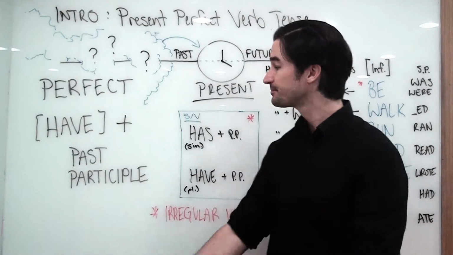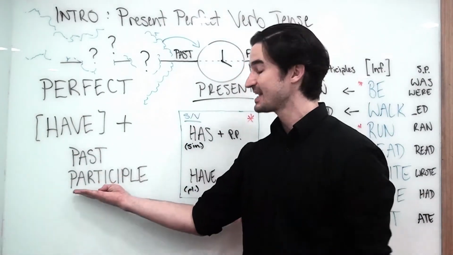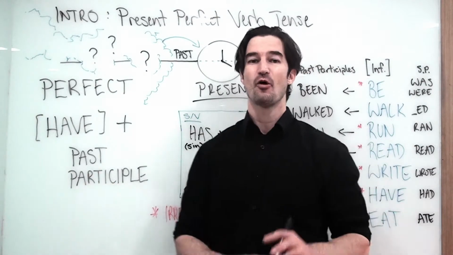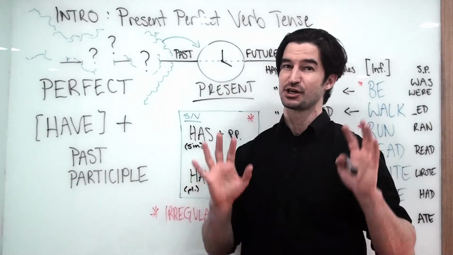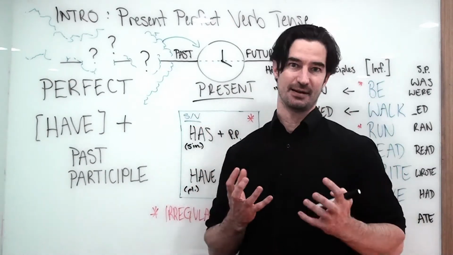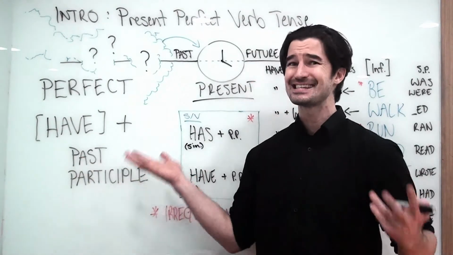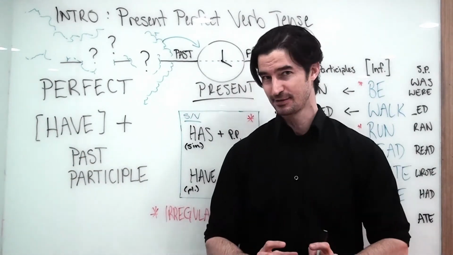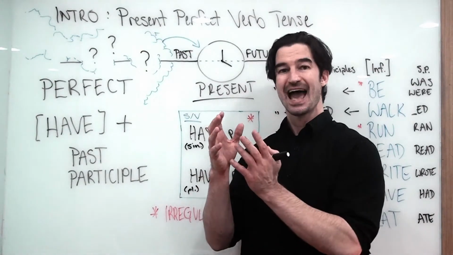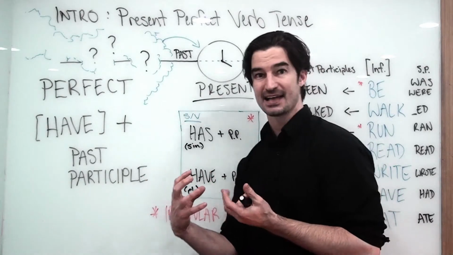I'm getting to that. That is the other part of this construction, the past participle. Now, you already know a lot of past participles, even if this is your first time ever hearing about past participles. The reason for that is because we've already studied the simple past. And for any regular verb, that means we add ed to the end in order to use it in the simple past.